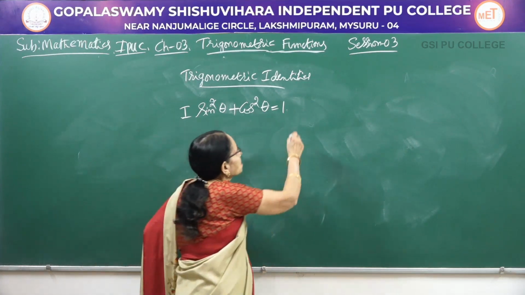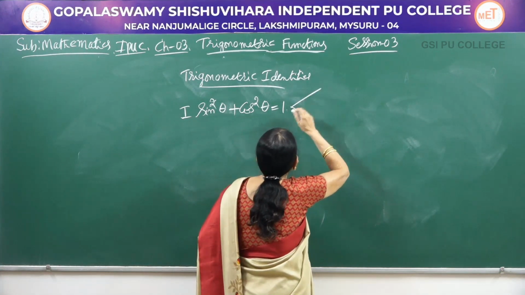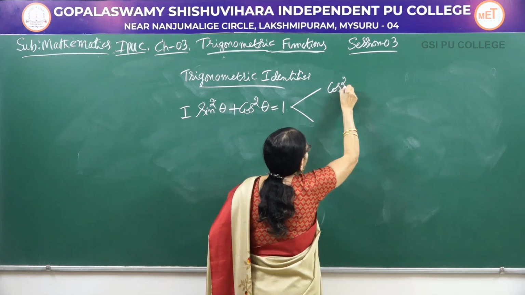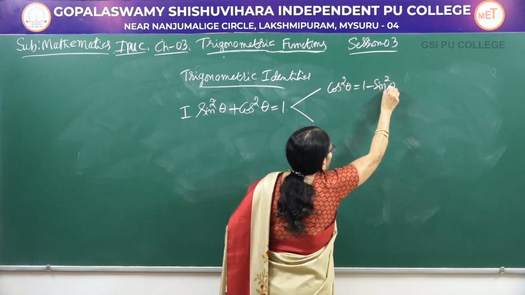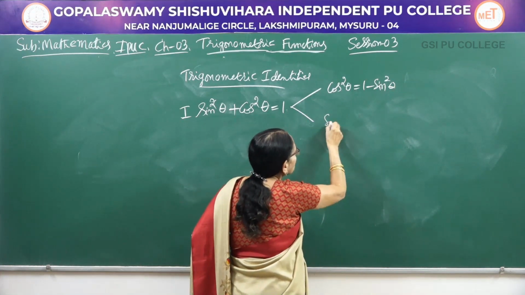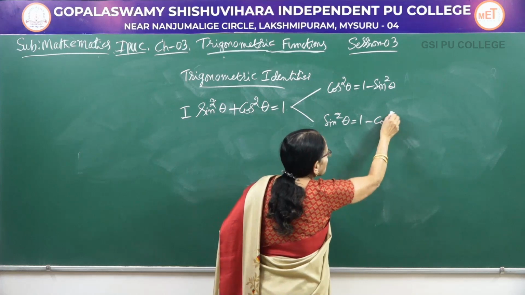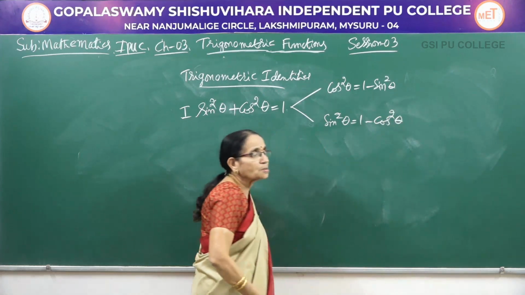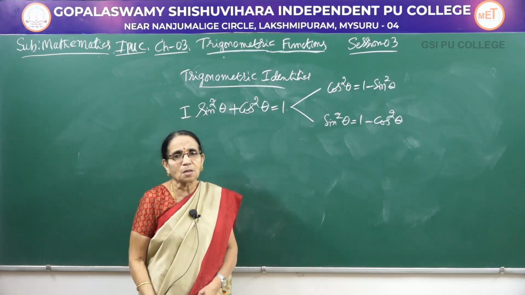Now, from this one, it can be written in 2 different ways. One is, when you retain cos square theta on one side, it can be written as 1 minus sin square theta. Similarly, sin square theta can be written as 1 minus cos square theta. All these things you have to remember because these are all the basic information about trigonometry.